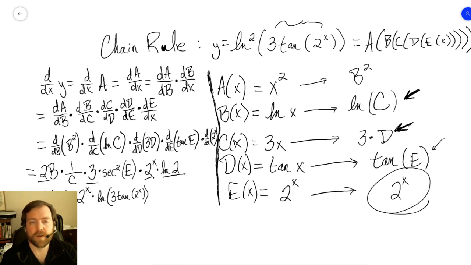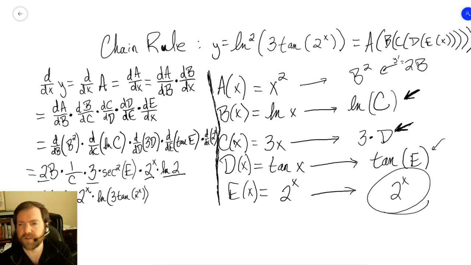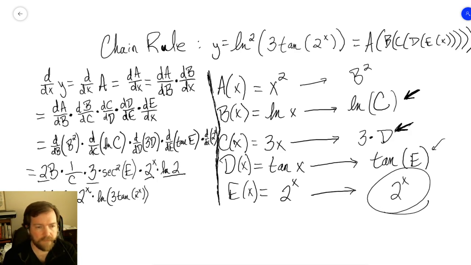If you remember, when we were doing the derivative of b squared, this is 2 times b. That's also the same b that we started with. So again, that's natural log of c, which then plugs in all this stuff. Then we get 1 over c.